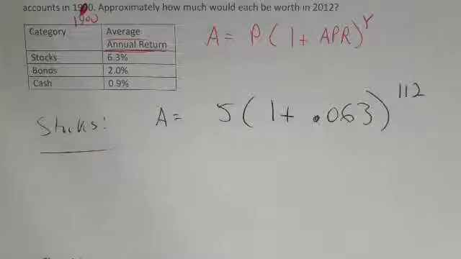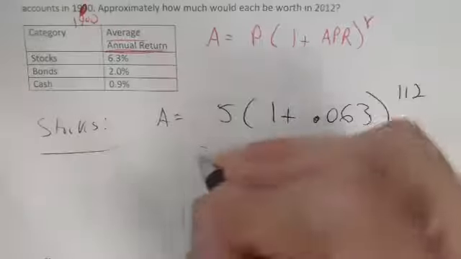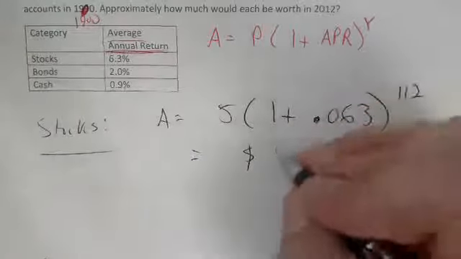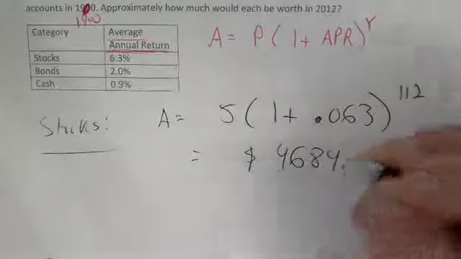We have done a few problems like this. So 1.063 to the 112 is what I want to do first, and then I want to multiply that by 5. If you're doing this correctly and you want to round up, this should be $4,684.85.